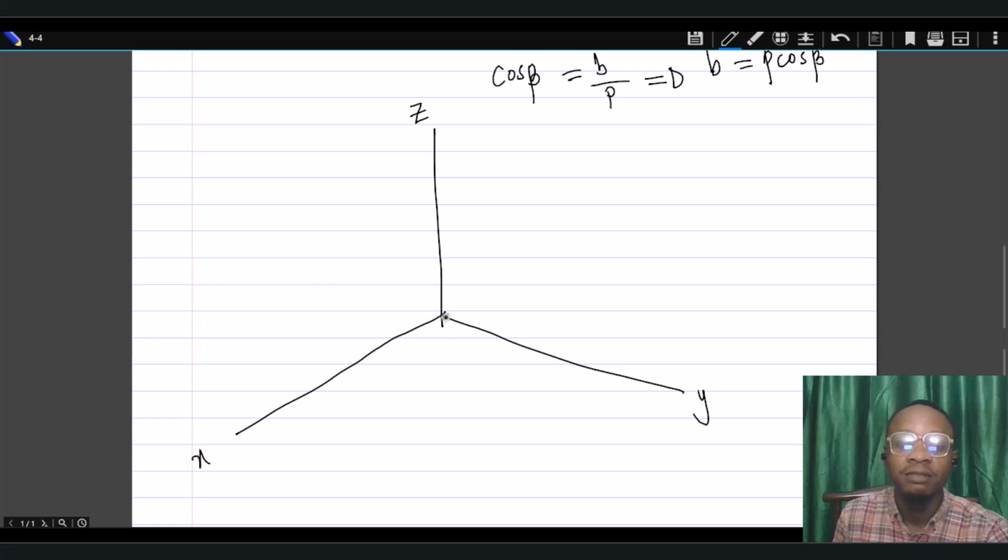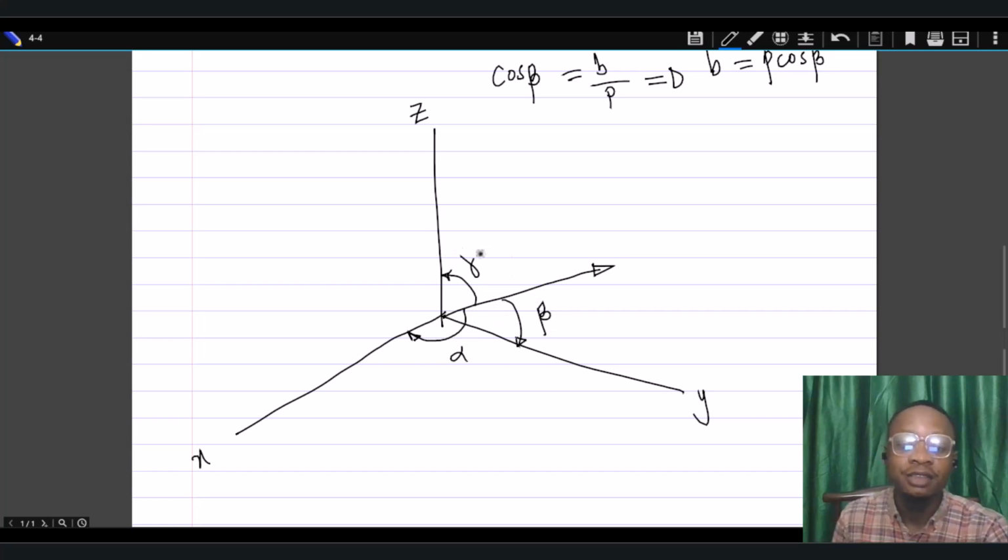So if we have some vector in space, then we can find out what angle it makes with the positive z direction. We call that gamma. The angle it makes with the positive y direction, we call that beta. And the angle it makes with the positive x direction, we call that alpha. Okay, so those are the angles alpha, beta, and gamma.